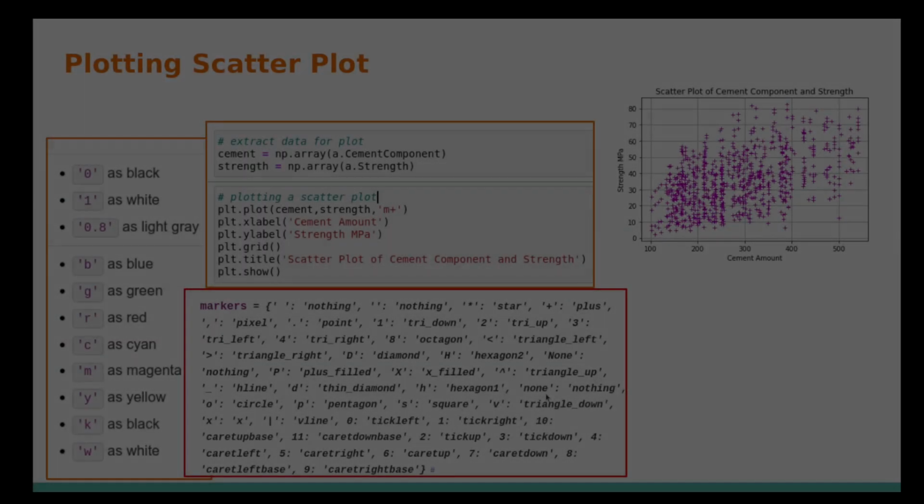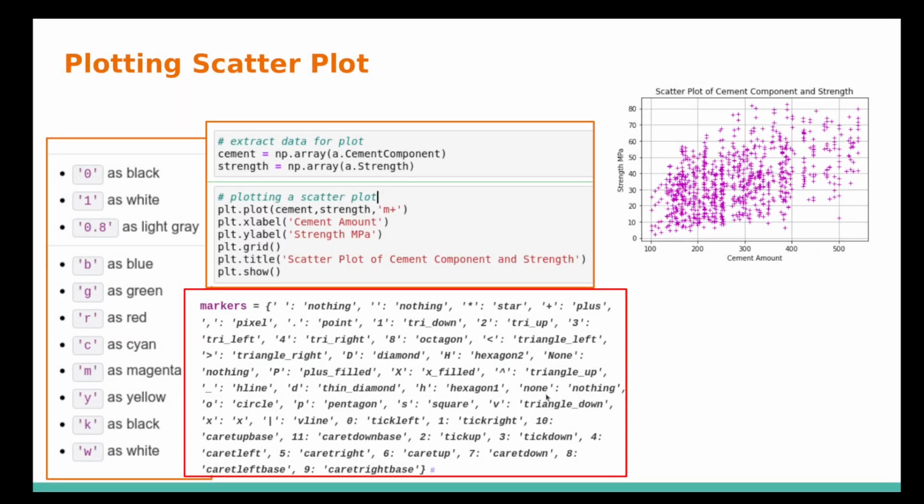If I want to make a scatter plot, then I need two attributes, one to go on the x-axis and one to go on the y-axis. And so I extract again two elements. I extract cement, for example, the amount of cement, as an np.array, a.cement component, and then I extract the strength as np.array a.strength. And then I make a plt.plot, which makes me a scatter plot, cement going on the x-axis and the strength going on the y-axis.